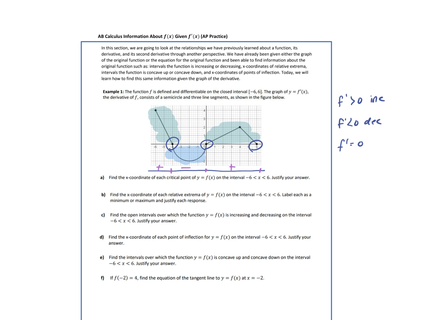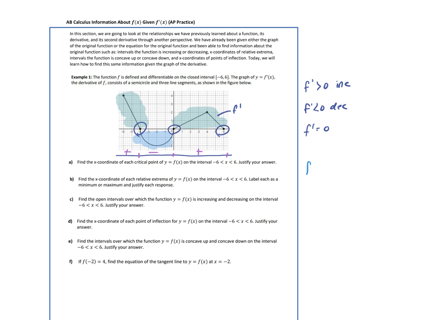When we get to concavity, now we're looking at the slope. So if this is a graph of f prime, the derivative or the slope of this graph is f double prime, which talks about concave up, concave down, and then points of inflection. The other thing you want to make a note of is when f prime is increasing, we say that it's concave up, and when f prime is decreasing, it's concave down.